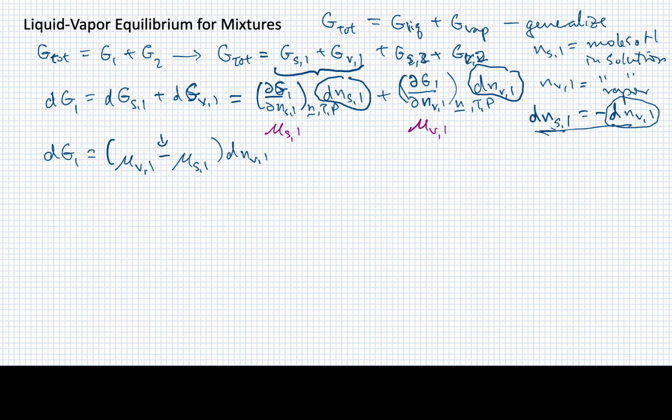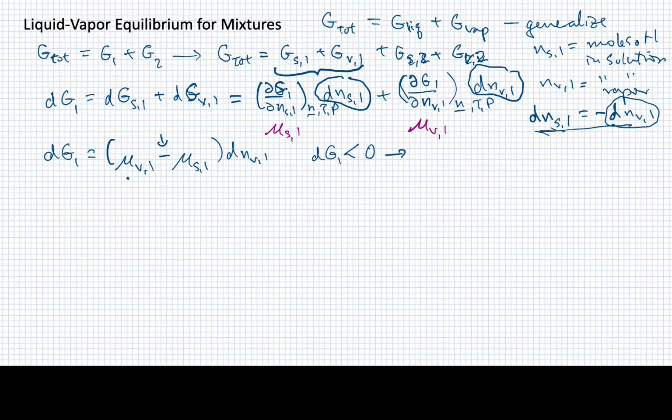Now, having written this, I can also draw some useful conclusions. For example, I know that dG1 for a spontaneous change has to be less than 0. So if this is the case, there are a couple of ways I can generate that.